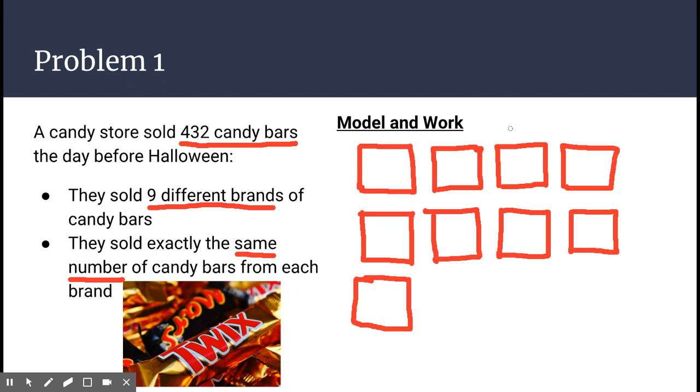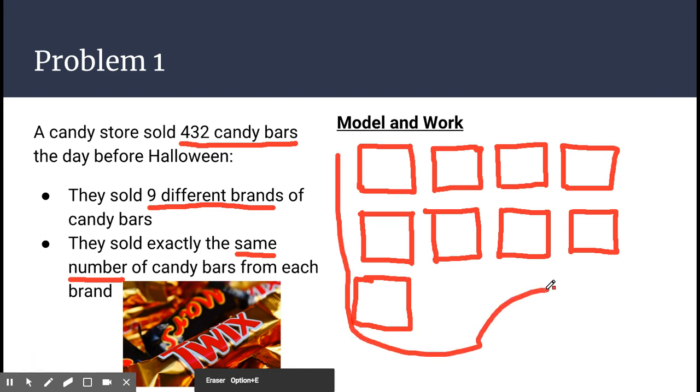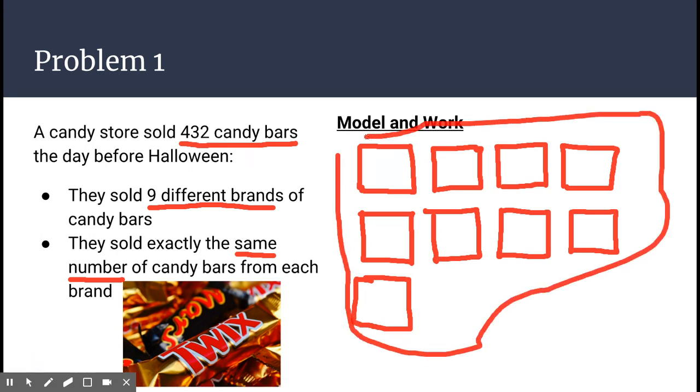One might be Twix, one might be Mars, one might be Kit Kat, etc., Crunch, and each box has the same number of candy bars. Now the total, the whole thing, is a group of 432 bars.